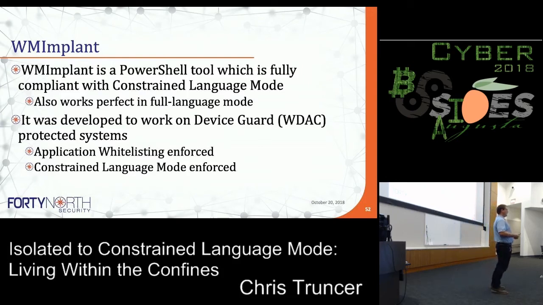I built this to target Device Guard protected systems. I'm assuming more people are going to eventually start rolling out application whitelisting, and I want to have some sort of tooling that will let me attack them. Well, Device Guard enforces constrained language mode, so I had to write a tool that worked in constrained language mode.